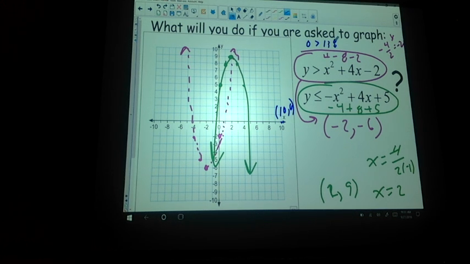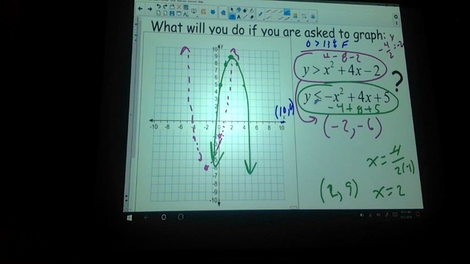Is that true or false? That gives you 100, that gives you 48 minus 2. Yeah, 138. So that's false. So that means that I have to shade inside the purple one so far.